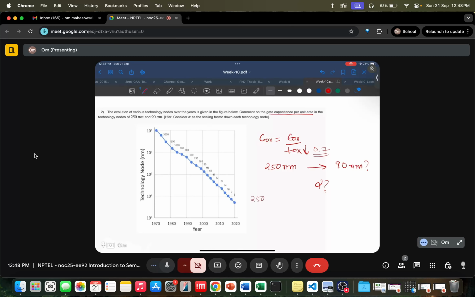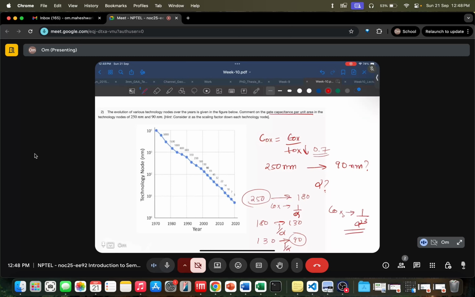So when you're going from 250 to 180, your Cox is becoming 1 by alpha times, then 180 to 130, it's again becoming 1 by alpha times, then 130 to 90, it's again becoming 1 by alpha times. So from 250 to 90, your Cox is becoming 1 by alpha cube times.